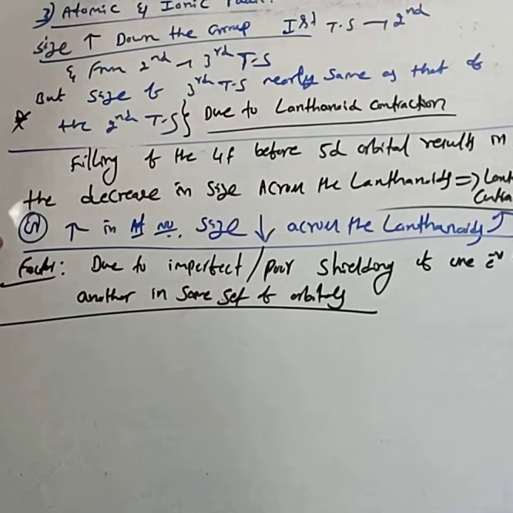The cause or factor responsible for lanthanoid contraction is poor shielding of one electron by another in the same set of orbitals.